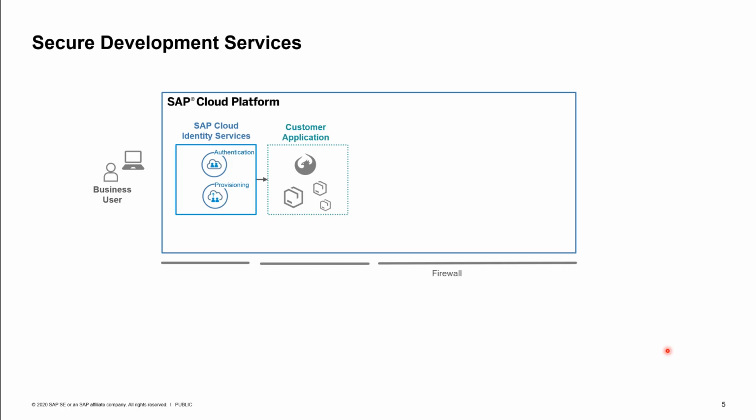Secure development services. The picture again, we have here the business user, and the business user wants to access in the end your customer application. You have here your UI and perhaps some microservices with the business logic. In front of it, SAP Cloud Identity Services with authentication and provisioning.